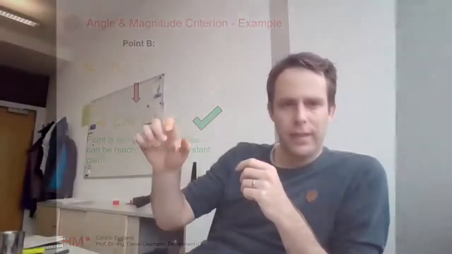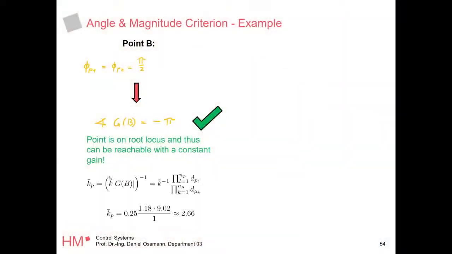So what did we say? If it turns out that we can reach it, the next step is to calculate the gain we want to have, right? And that's where the magnitude or gain criterion comes into play. And remember, this is the simple formula where we need to calculate the distances. So actually I have the formula here. For the corresponding magnitude of the gain, we need to take that k tilde and the distance from our system to that point and invert it.